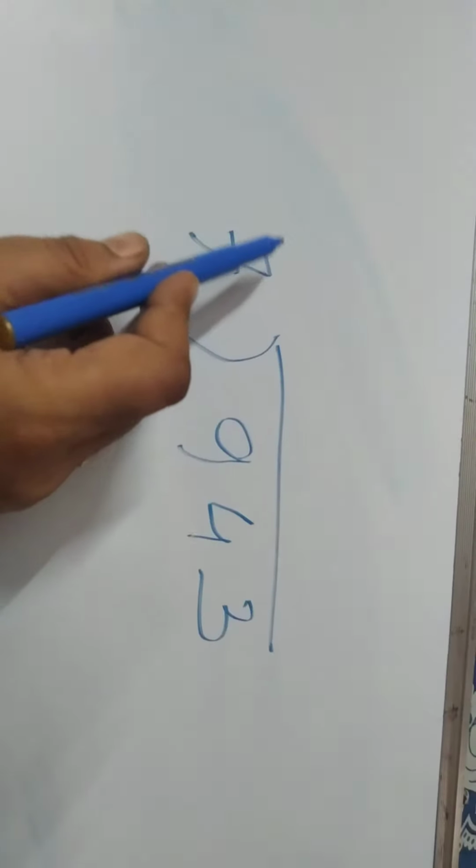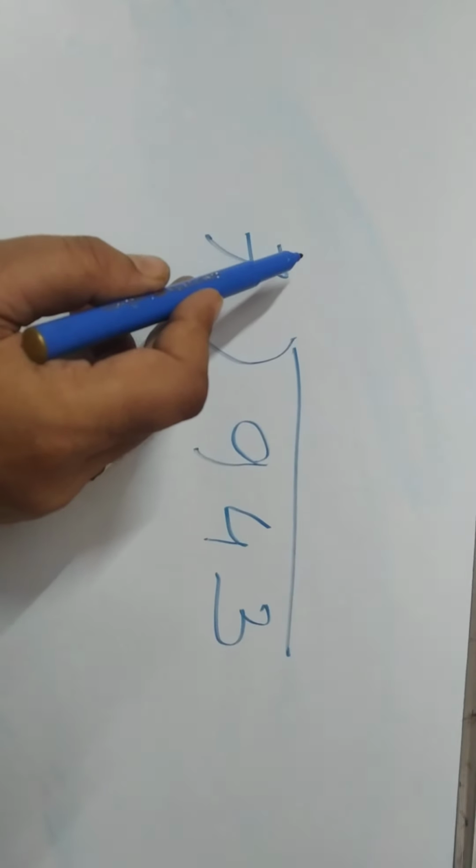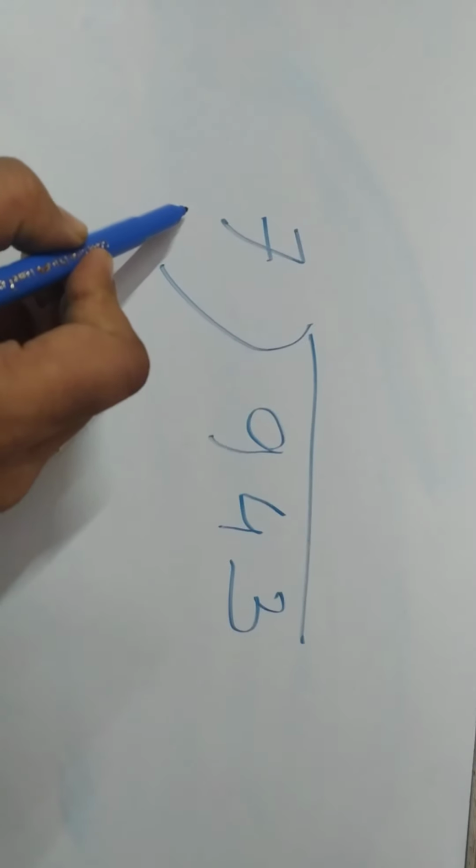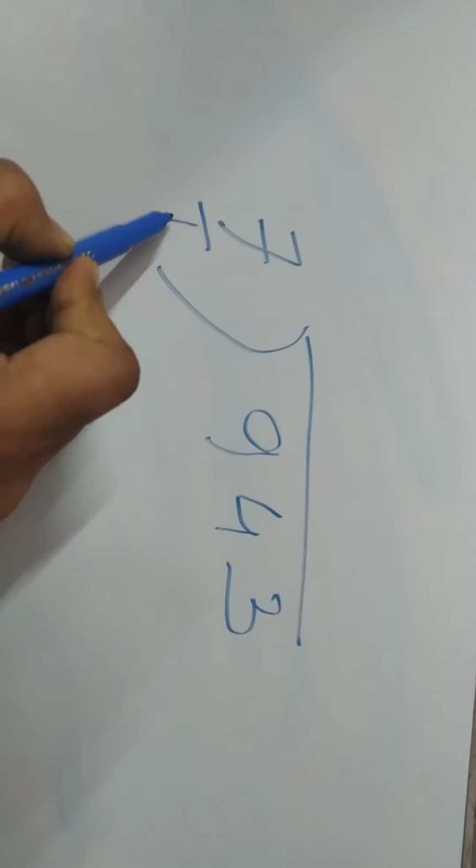So now take a bigger number, like take the number 7, which I want to divide into the number 943. Okay. To start with, first you need to check what the divisor is. So the divisor is 7, a 1-digit number.